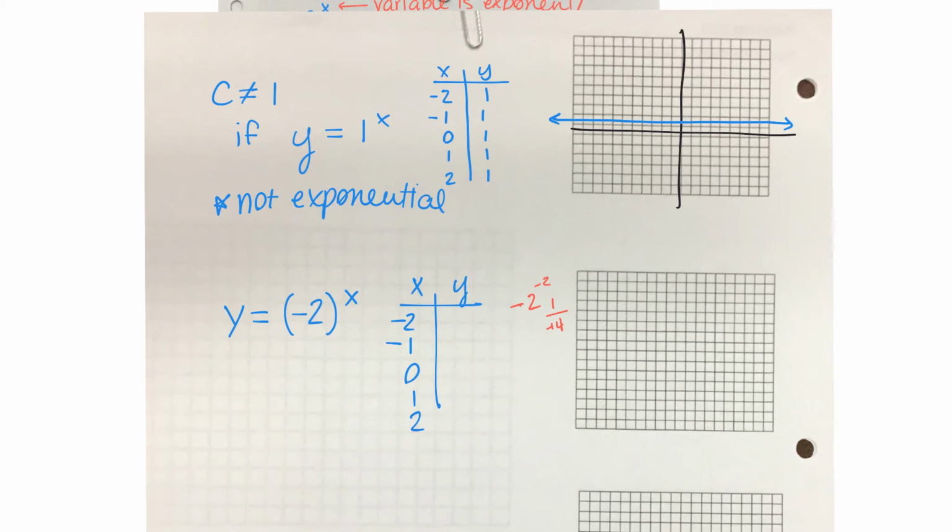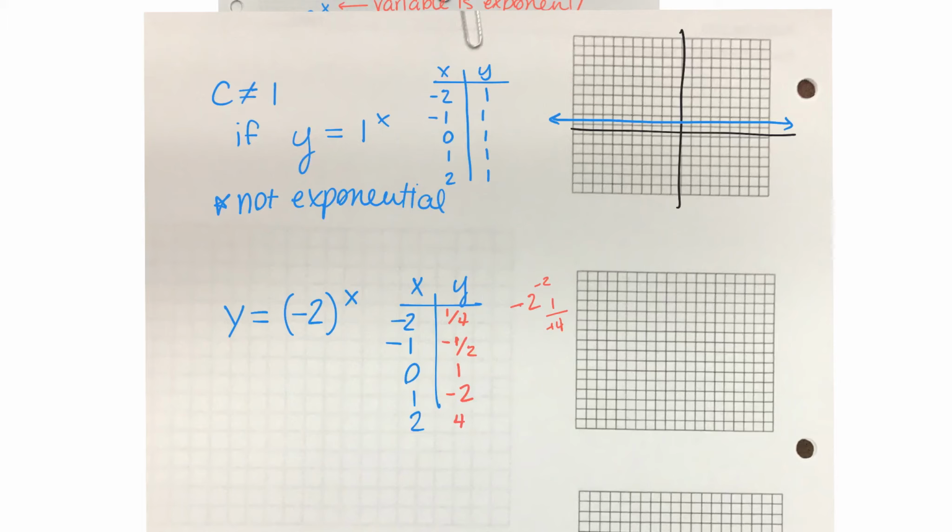Okay, so 1/4. And then -2 to the -1 is, let's see, -1/2. Is that right? I think that's right. And -2 to the 0 is 1, and -2 to the 1 is -2, and -2 squared is 4.